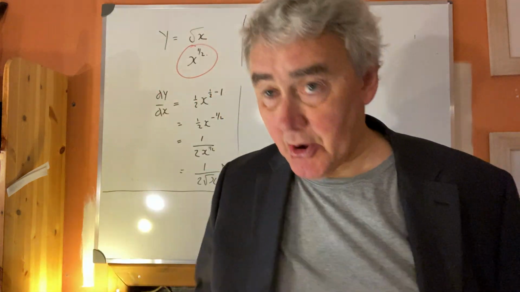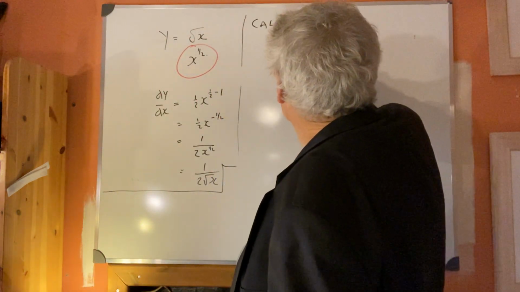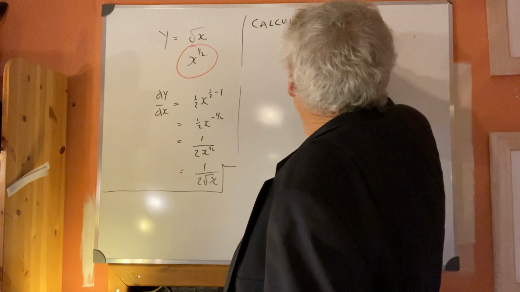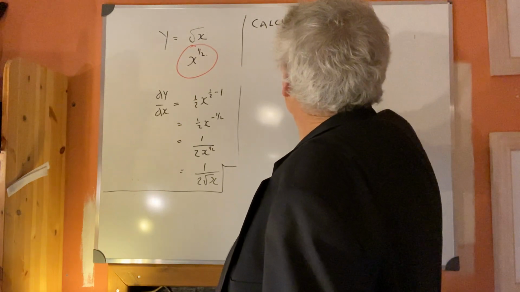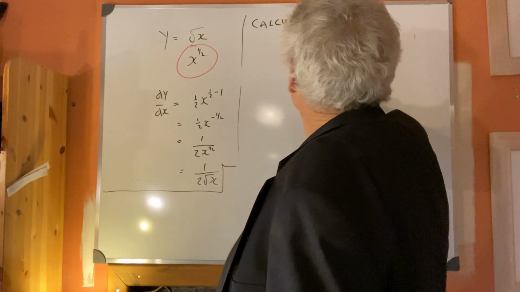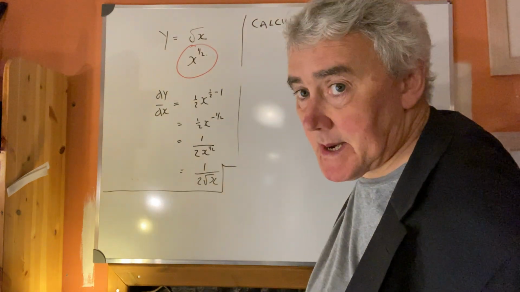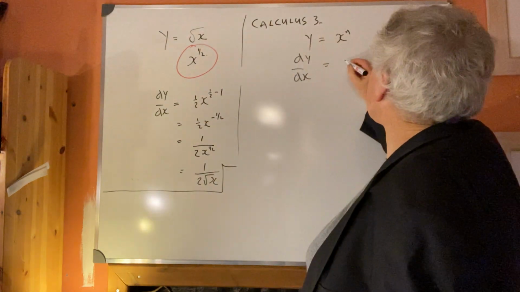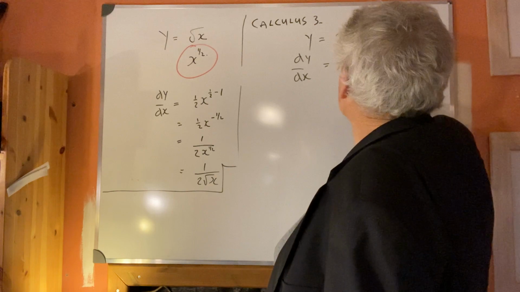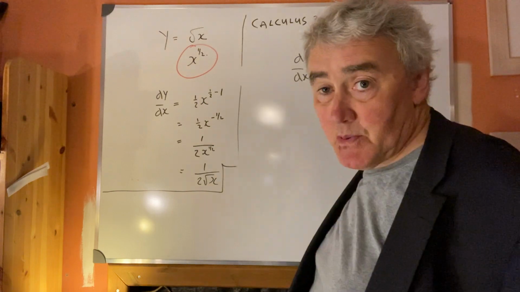Again, to stress that we are still only dealing with the first rule in your mathematical tables there. So dy dx is equal to n times x to the n minus 1.